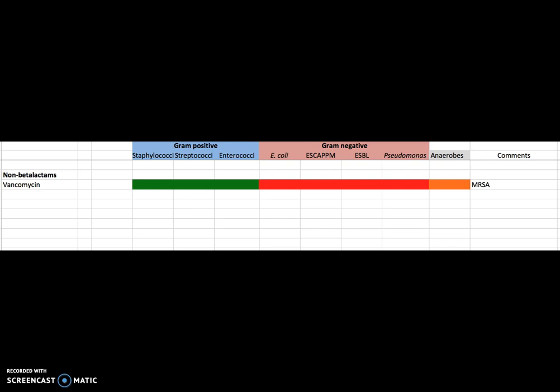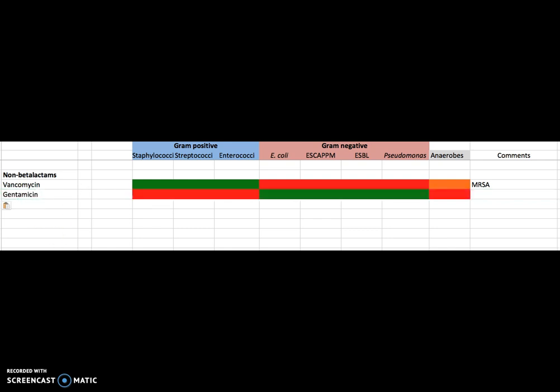The other major group of non-beta-lactam injectables are the aminoglycosides, of which gentamicin is the most commonly used. Aminoglycosides don't have useful gram-positive activity, except they are used in synergy with beta-lactams and vancomycin for enterococcus.